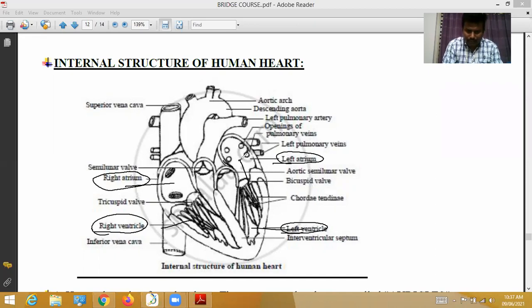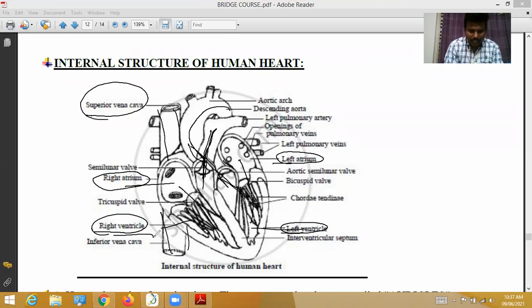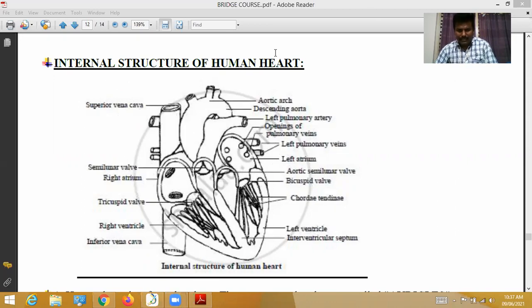The left auricle opens into the left ventricle, and the right auricle opens into the right ventricle. This is the pulmonary artery, this is the systemic artery, this is the superior vena cava, and this is the inferior vena cava. About the heart valves, we will discuss in the next topic.